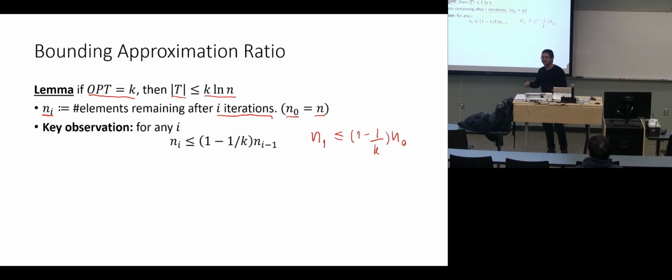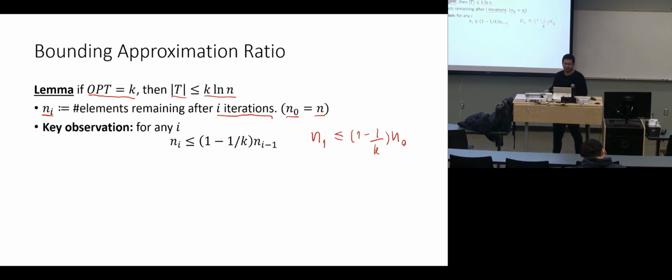Then there must exist some set that covers at least n over k, right? And you choose the greedy one. The greedy one chooses a set that covers the most guys. So the greedy set will cover at least n over k. So in the first round, you would cover n over k elements. So the number of remaining elements shrinks by this factor, 1 minus 1 over k.